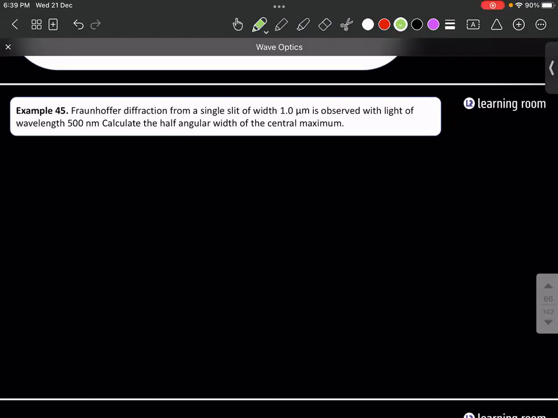So what are the values given? A is 10 power minus 6 meter. Wavelength is 500 into 10 power minus 9 meter. Calculate half angular width.